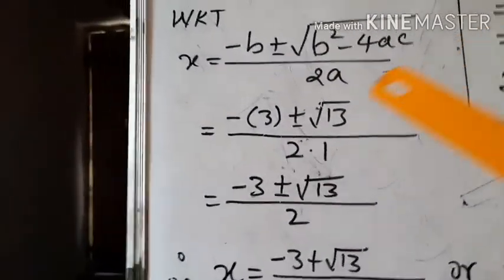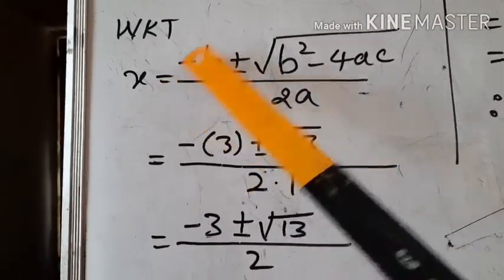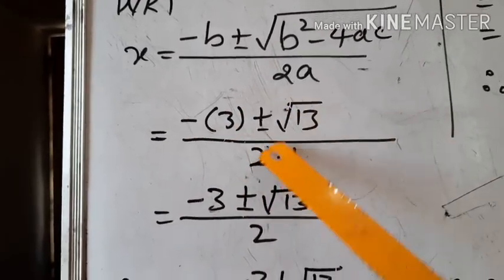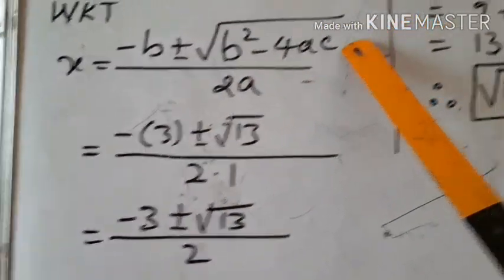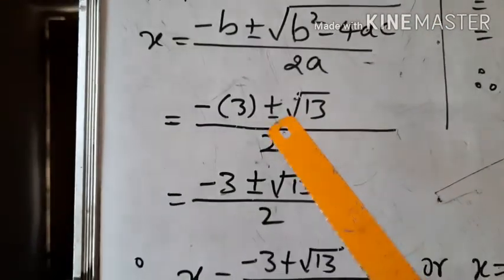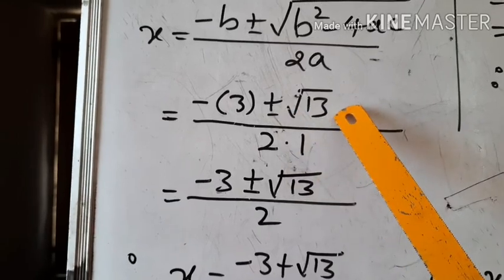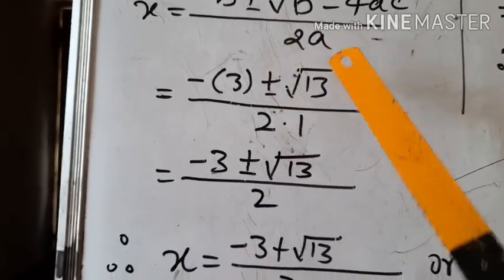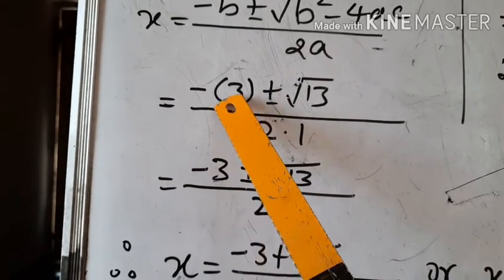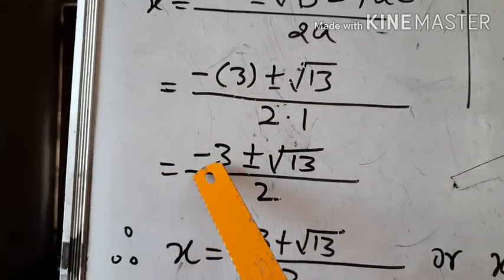Therefore, I come to the main formula here. Minus b, it is minus into bracket 3, plus or minus the value of b square minus 4ac, which I have already calculated and found to be root 13. Therefore, I write plus or minus root 13 upon 2 into a, a is 1, that's why 2 ones are 2. So children, if this plus 3 is brought out, it becomes minus 3.